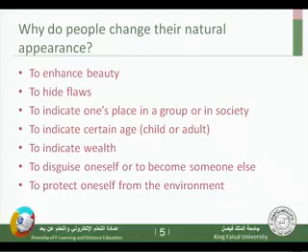If you can imagine a tribe believing that if you are a child, you can paint your face, but you are limited to a number of colors. But once you enter adulthood, you are then allowed to paint your face with another set of colors. So it's indicative of age.